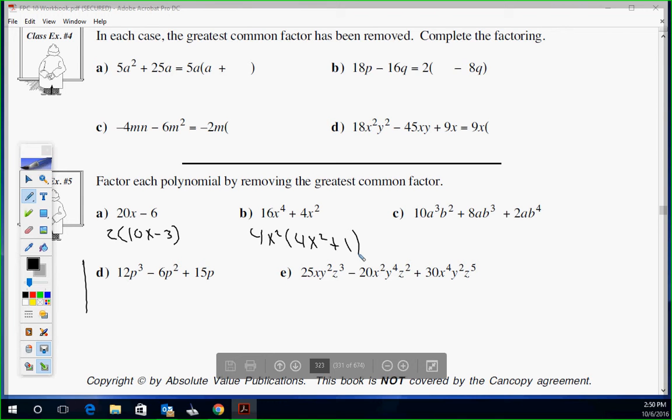Okay, C, a 2, an A, and a B2. So 5a squared plus 4b plus b squared. Okay.